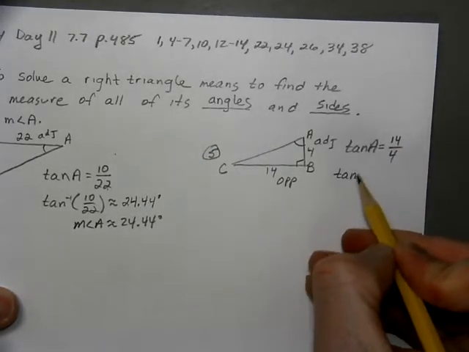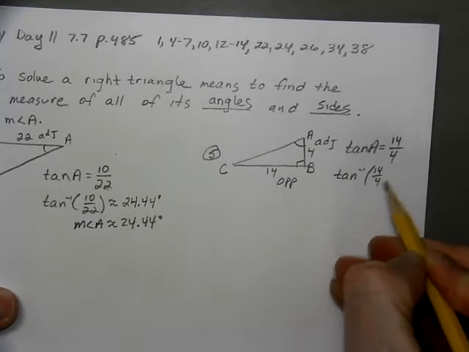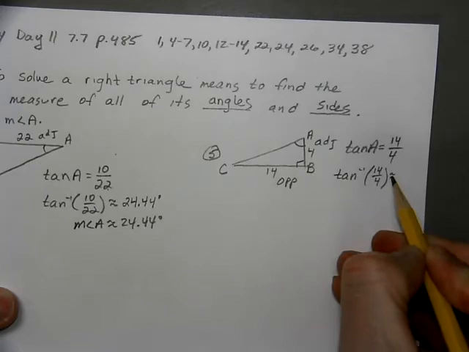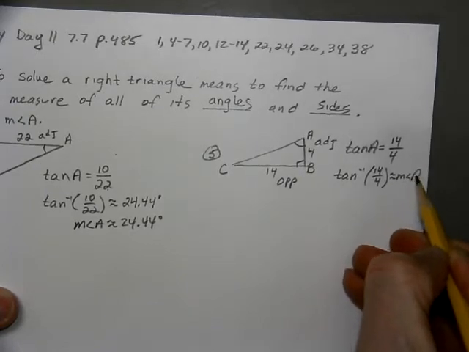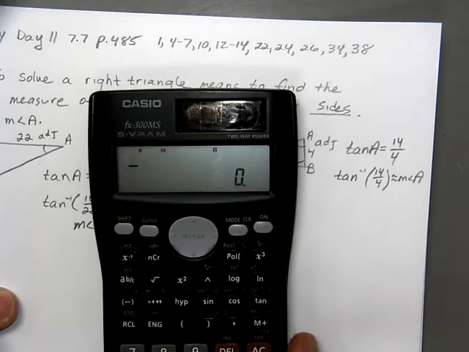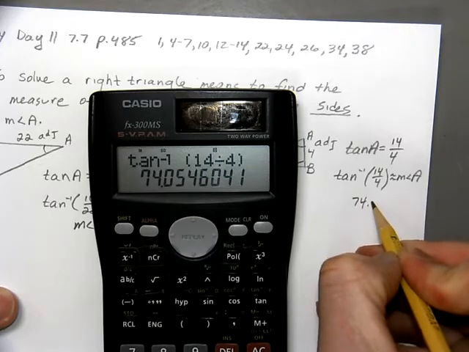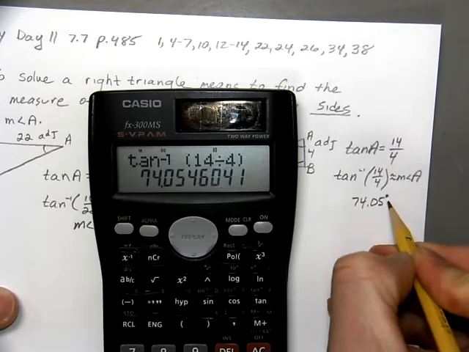So we're going to need to use tangent inverse of 14 divided by 4 to give us the approximate value of A. So we say tangent inverse of 14 divided by 4. So we get 74.05 degrees.